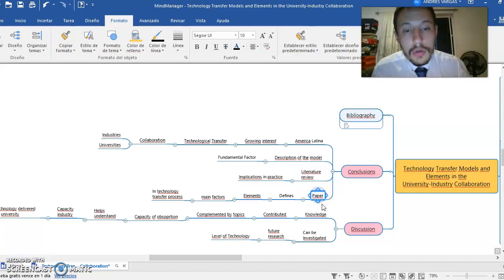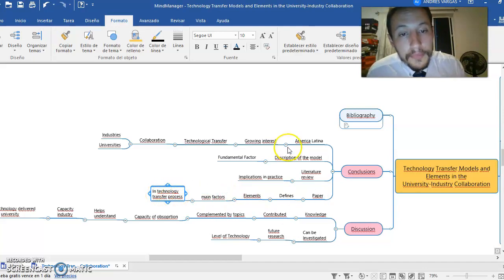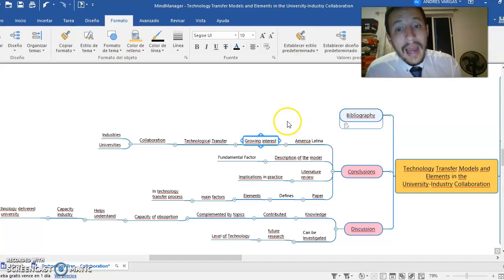And also as a conclusion, the paper as a document defines different elements as main factors. What main factors do I mean in the technology transfer process? That means that Latin America, for a few years now, is showing a growing interest.